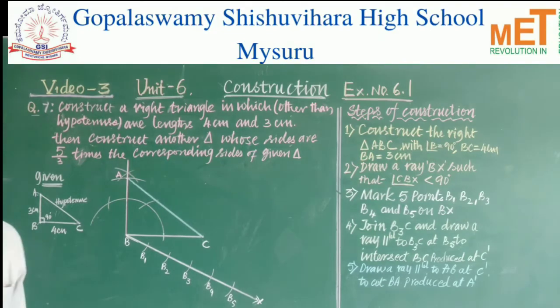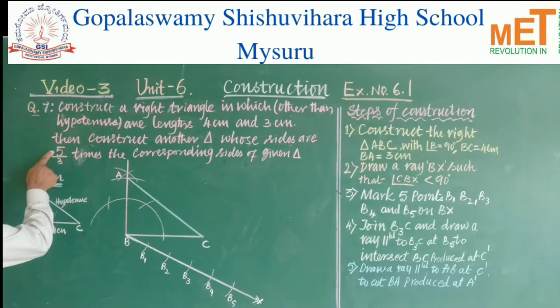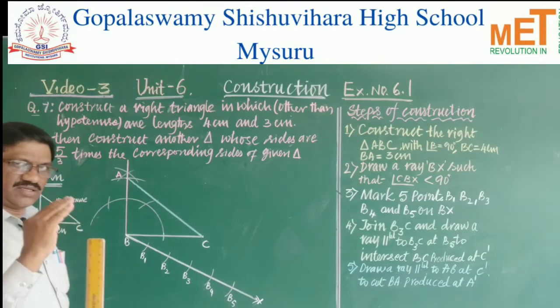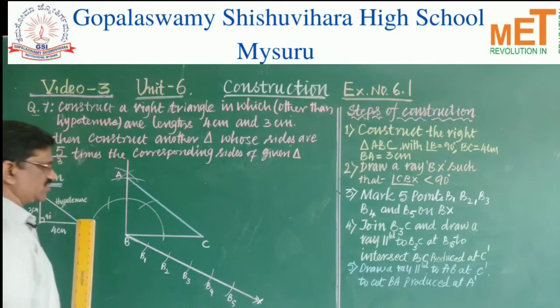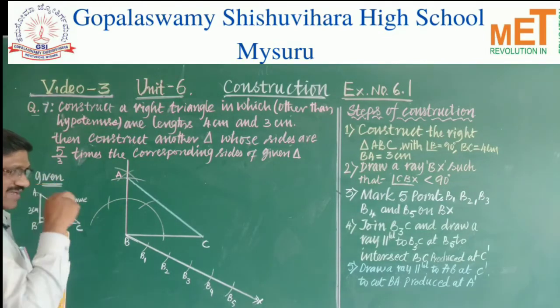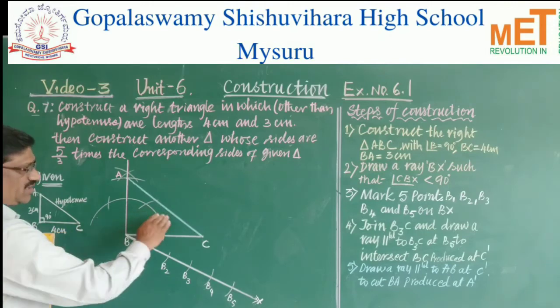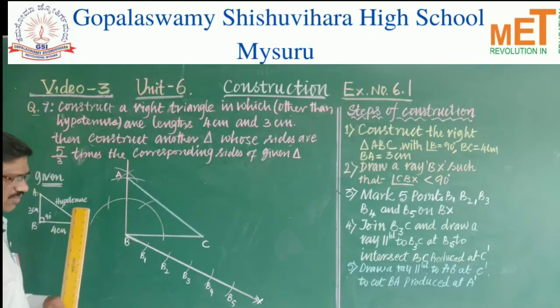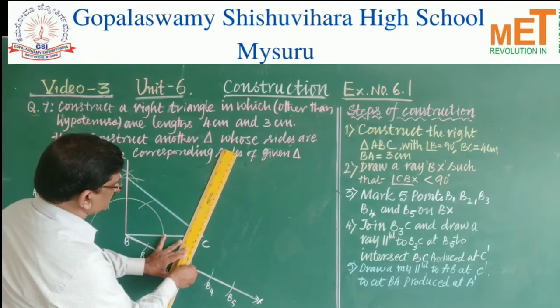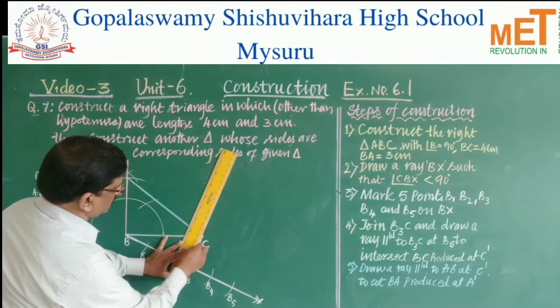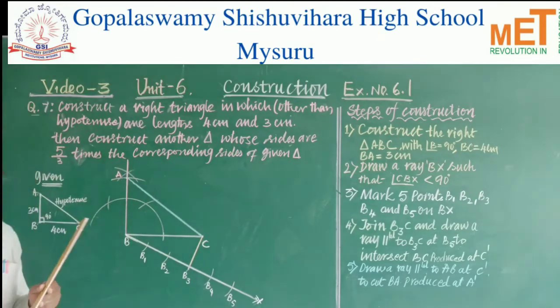We have to join. It is 3 is to, sorry, here it is 5 is to 3. That means 3 ratio we have to increase to 5 ratio, isn't it? So that's why the triangle similar to this triangle will come outside the triangle. Okay, join B3 with C. So now, after that what we have to do?